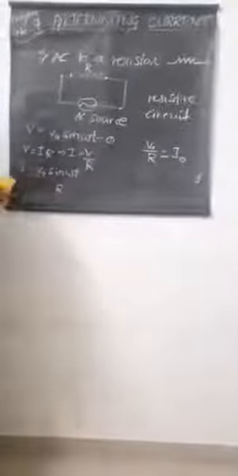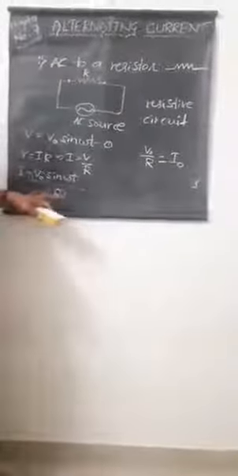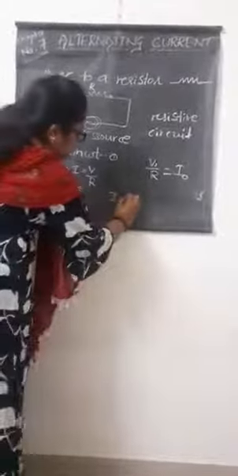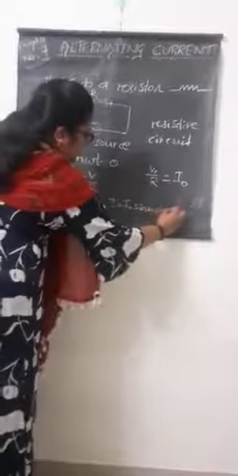Yes, I can write it like this, peak current and peak voltage. So V0 by R is replaced by I0, and the expression becomes I equals I0 sin omega t. Call this equation number 2.